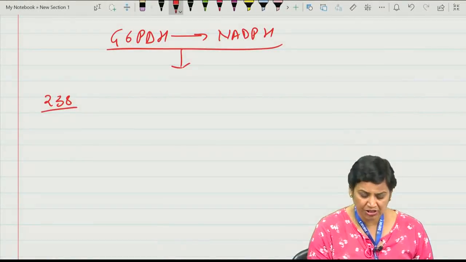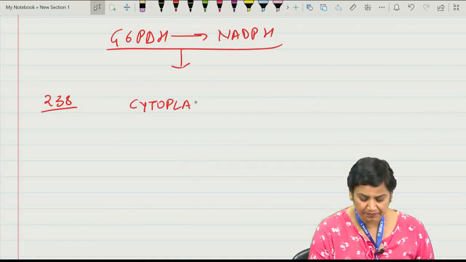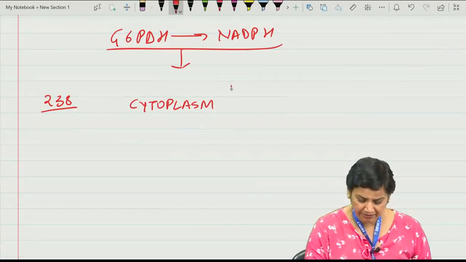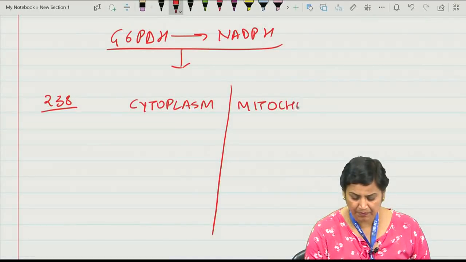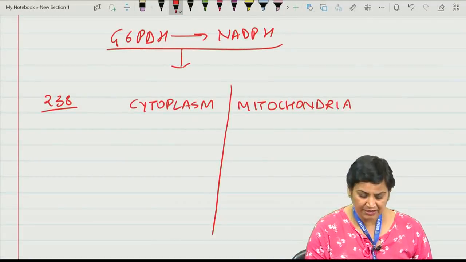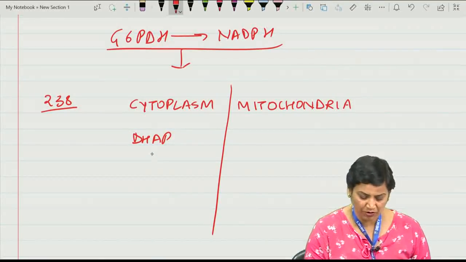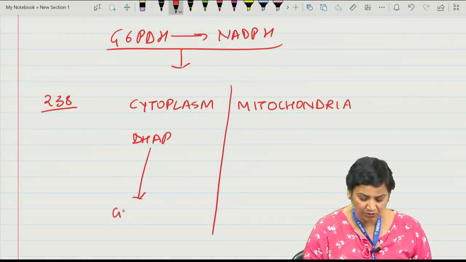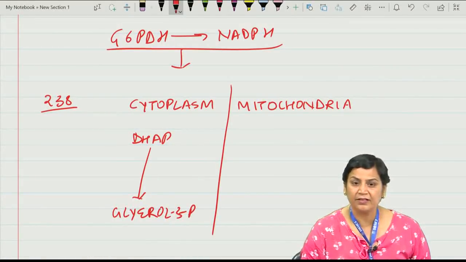Just now I told you it is a shuttle, so it is occurring between two organelles, cytoplasm and mitochondria. What is happening is this DHAP, dihydroxyacetone phosphate, gets converted into glycerol 3-phosphate.